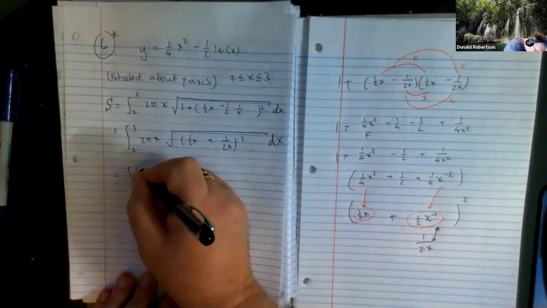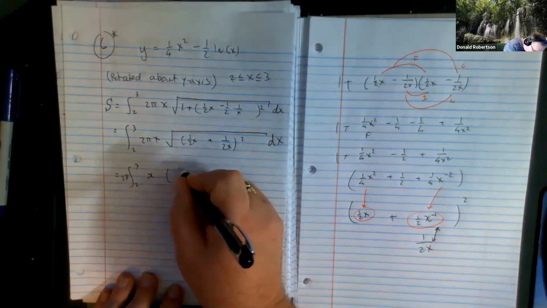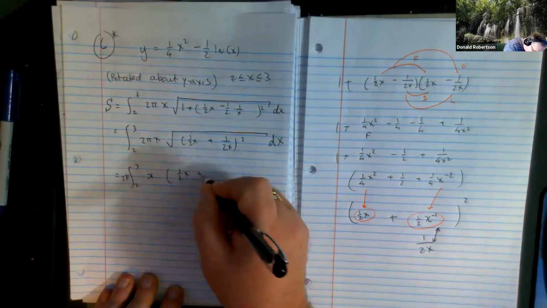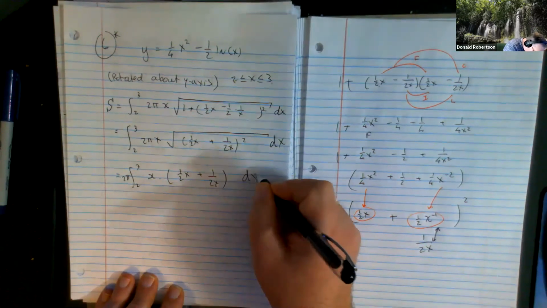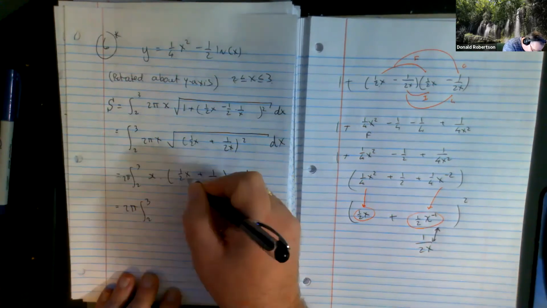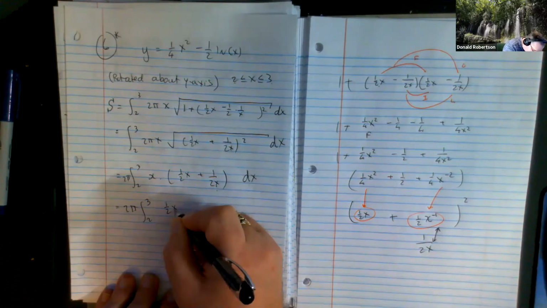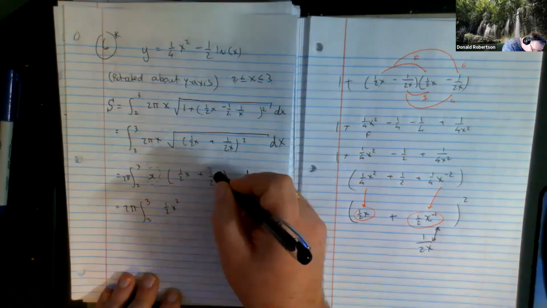I'll stick my 2 pi out there because they essentially cancel out. And what I would do next is I would distribute the x. So x times this guy is a half x squared. And be a bit careful. What will x times this weird fraction get you?